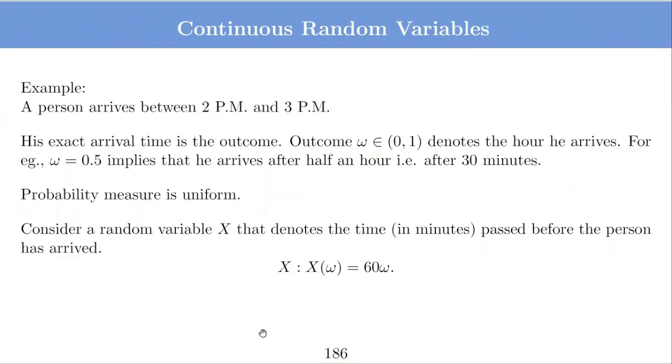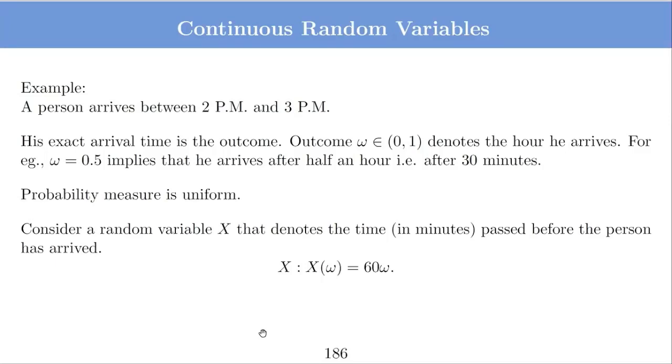Let's take one example case. Consider a random experiment where a person arrives between 2 p.m. and 3 p.m., so his exact arrival time is the outcome. The outcome omega is a real value between 0 and 1, denoting the hour he arrives.